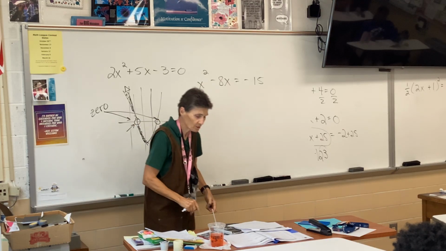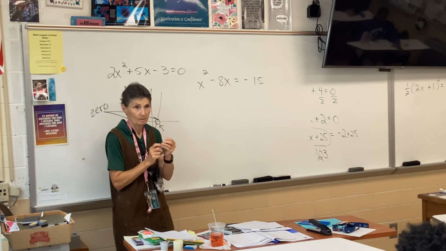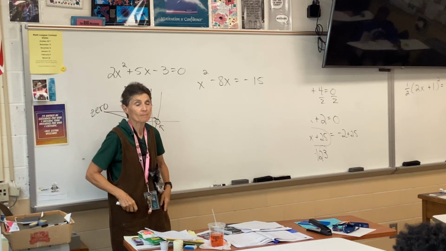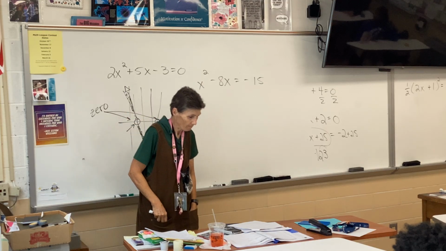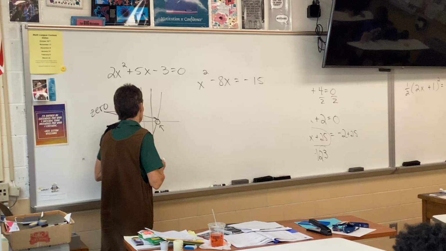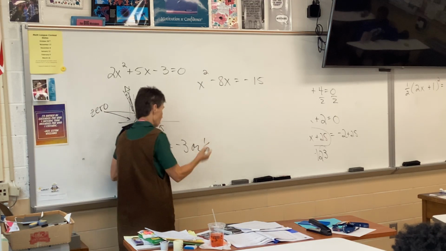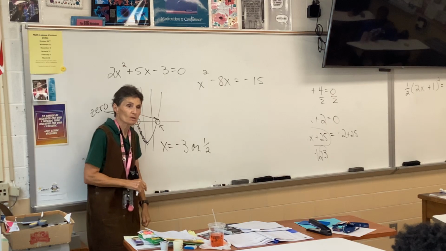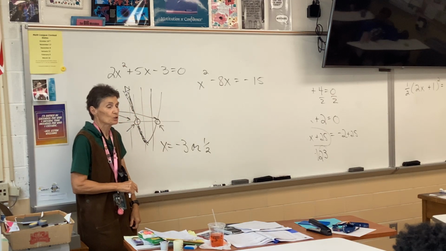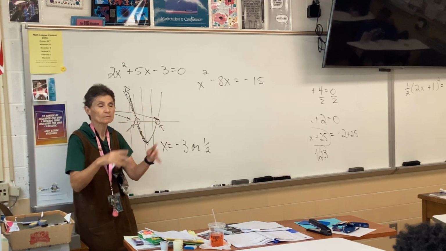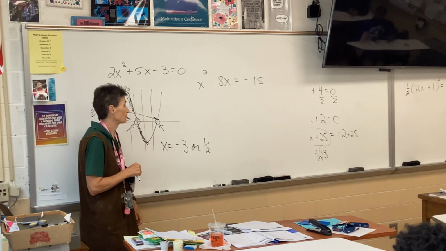When you write the answer for the last one, would you just say x equals -3 or 0.5? Yeah, those are the 2 answers. Just like if we solved it, we have those 2 answers.